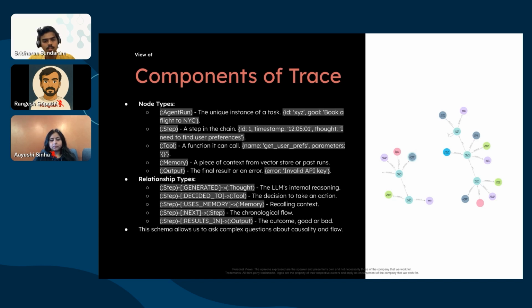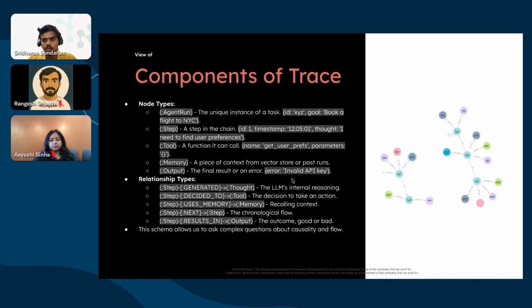Let's say you are asking a question and the agent is taking so much time, or it is giving you an inappropriate answer. We will be able to pinpoint at what step something went wrong, or if a step went missing at all, or if a tool misfired, right? These kinds of complex questions can be answerable by using the Neo4j graph model schema. On the right, you just see a sample graph.